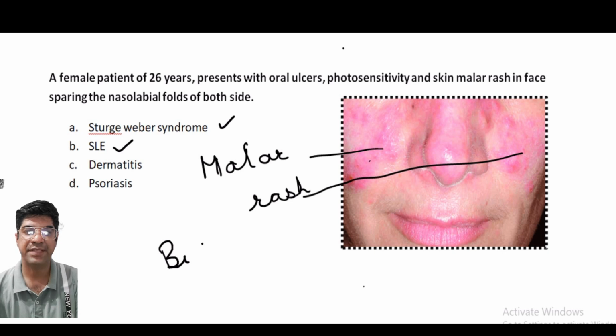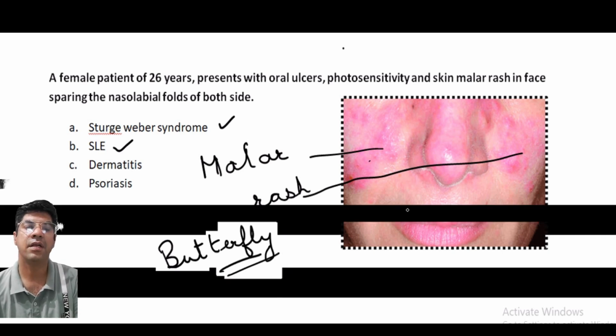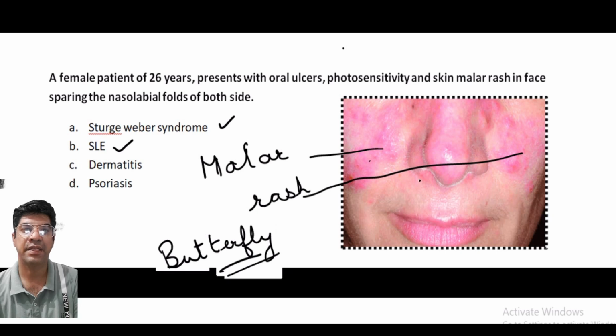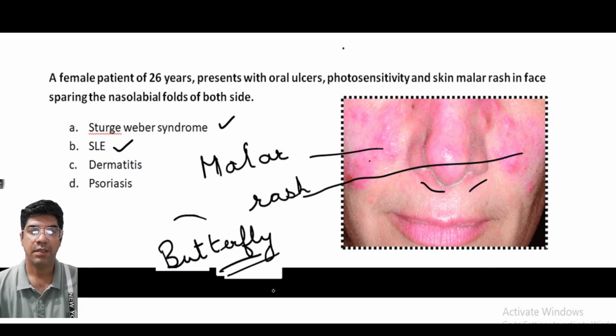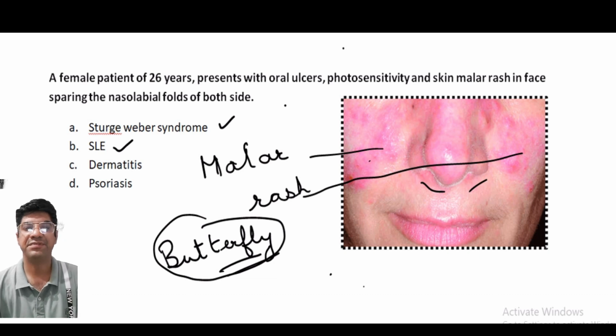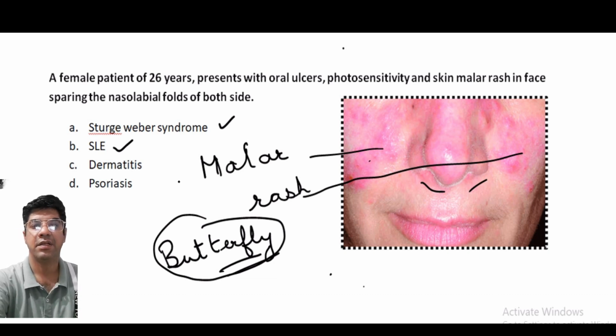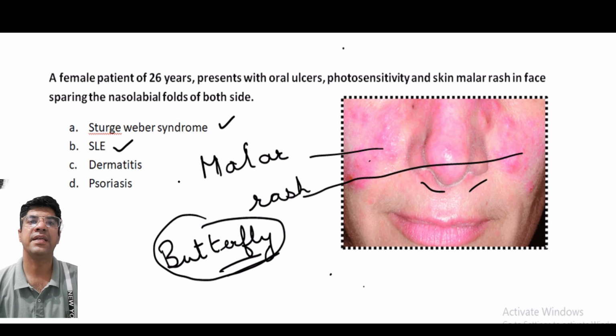It has the characteristic feature of a malar rash, a butterfly-shaped rash that spares the nasolabial fold. It can present with photosensitivity and ulcers. So remember the butterfly rash.